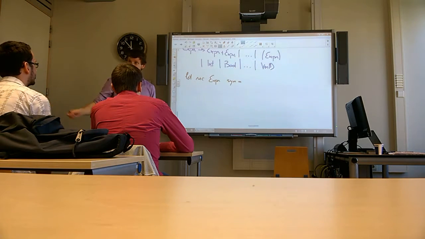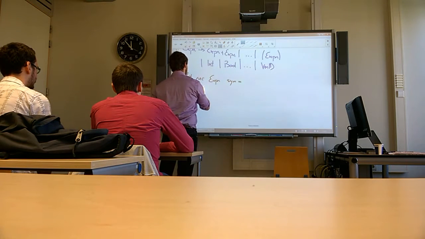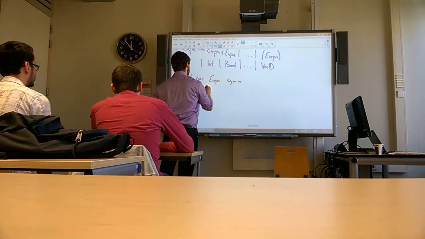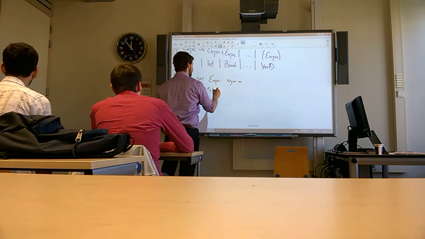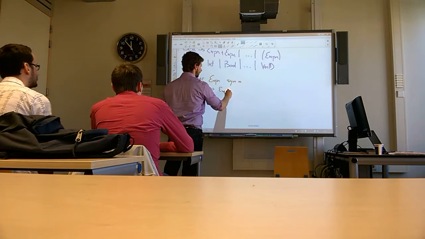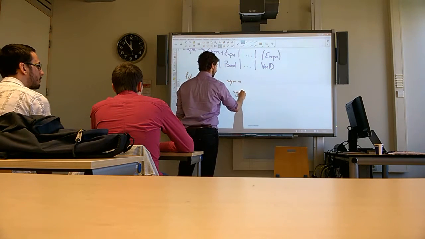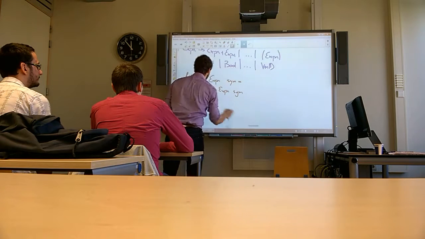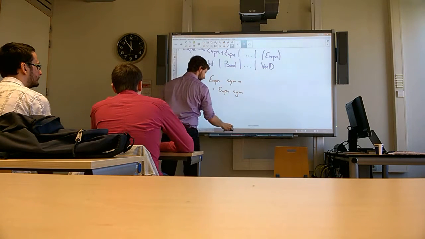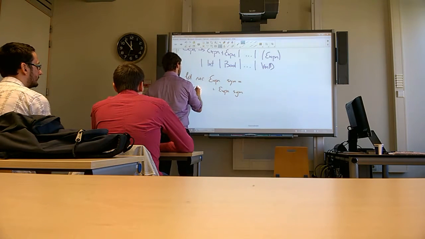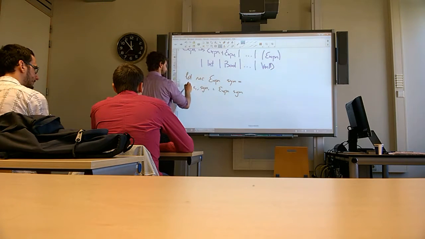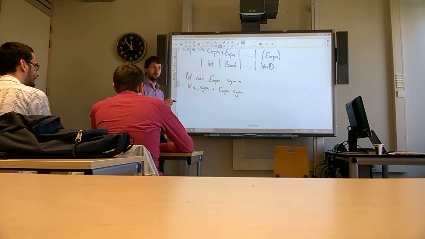So let u1 and sim1 equal expr of sim. So we also get the remaining symbols.